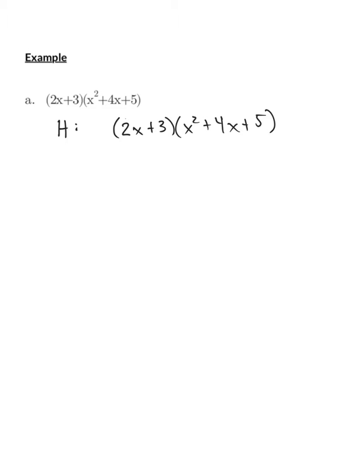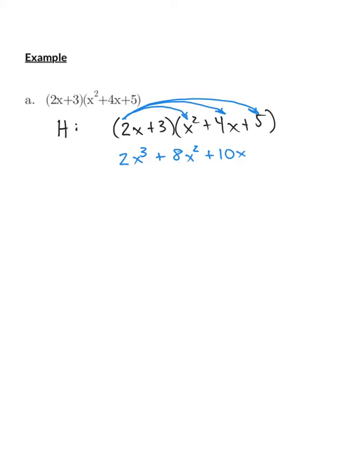So we get 2x times x squared, we multiply our coefficients, we add our exponents. 2x times 4x, we multiply our coefficients, 2 times 4 is 8, add our exponents, x times x is x squared. And then 2x times 5, multiply the numbers, we get 10, and we keep our x.